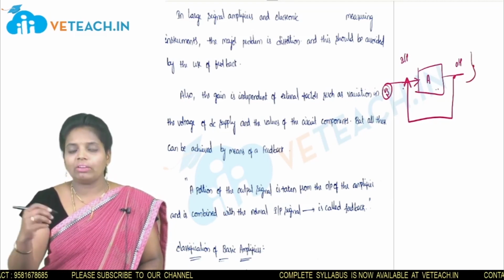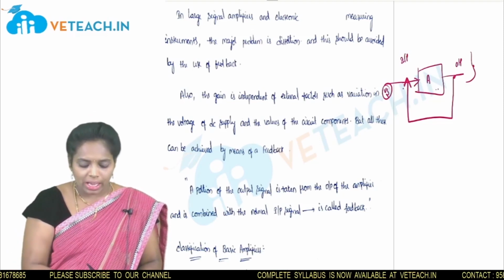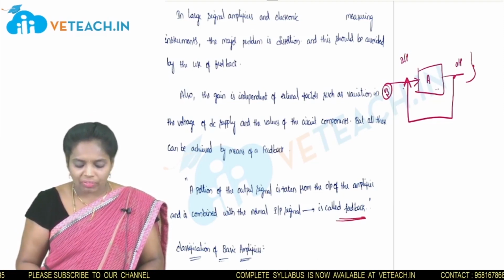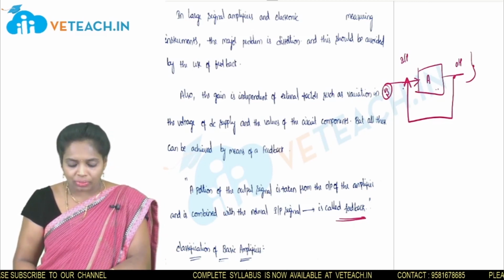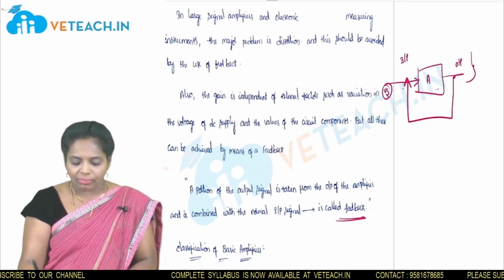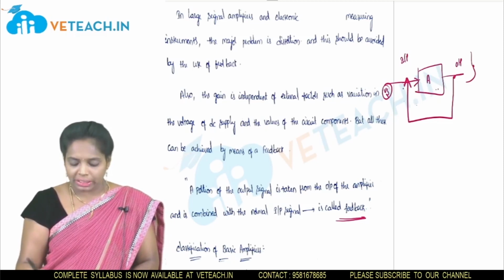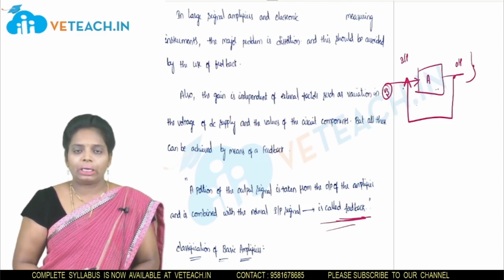Then the gain will change. That is called feedback. A portion of the output signal which is taken from the output of the amplifier and is combined with the normal input signal is called feedback.